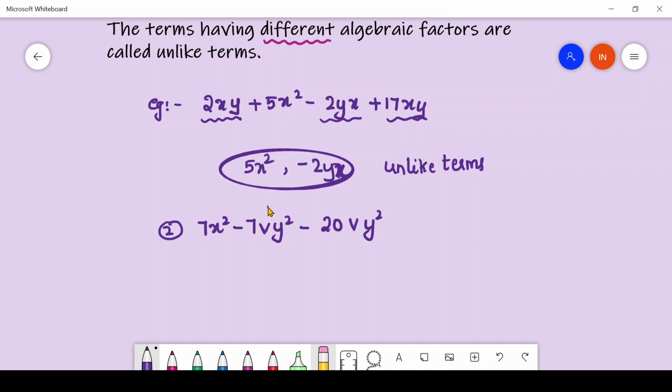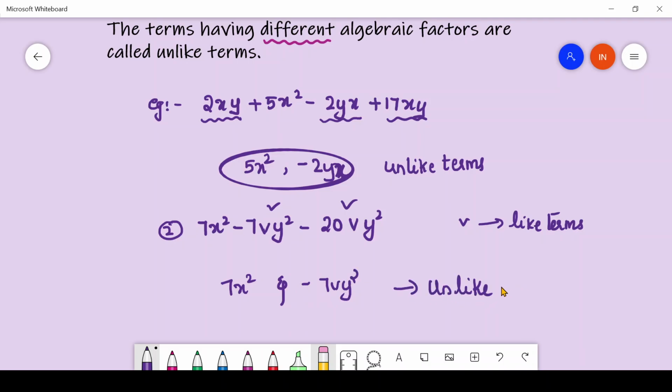Yes, we have these two are like terms, and you can see if we take 7x square and negative 7vy square, they are unlike terms, right? Similarly, we can take 7x square and negative 20vy square as well. If we take both, we can say that they are unlike terms.